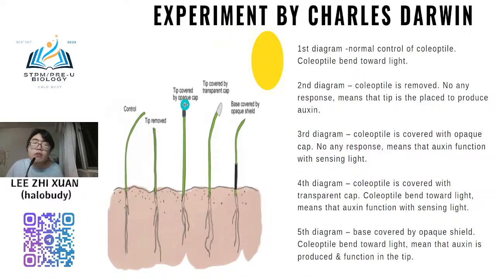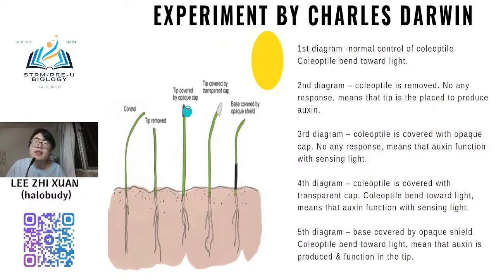When you cover the coleoptile with an opaque cap, meaning that this is a totally black cap, not a transparent cap, it is a totally dark cap that can totally inhibit light from entering the plant.